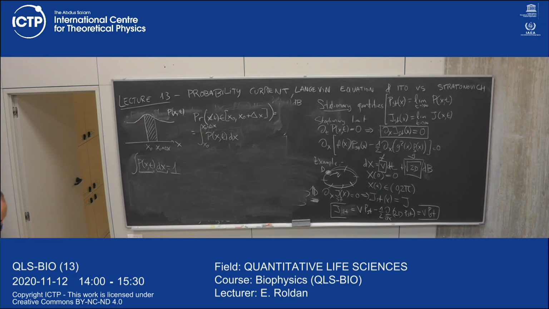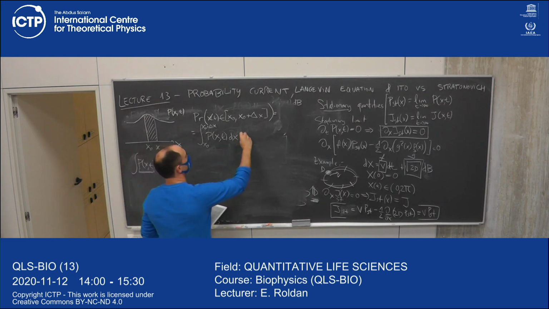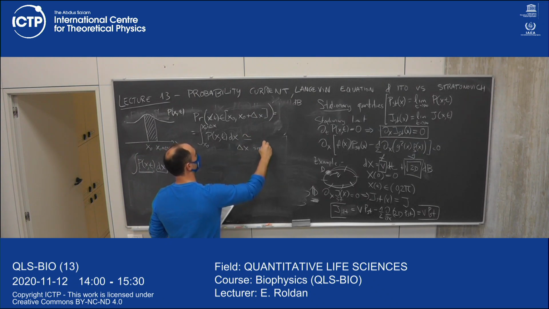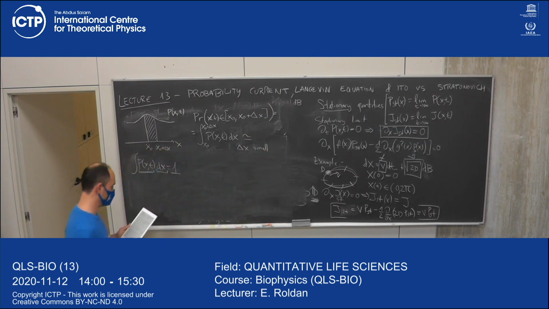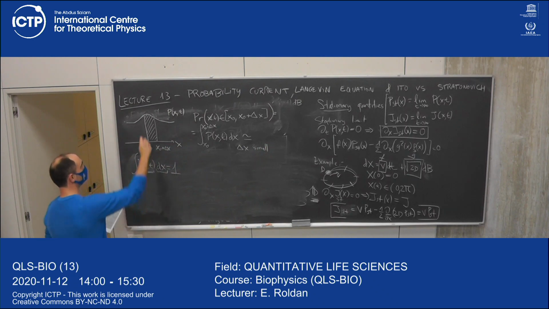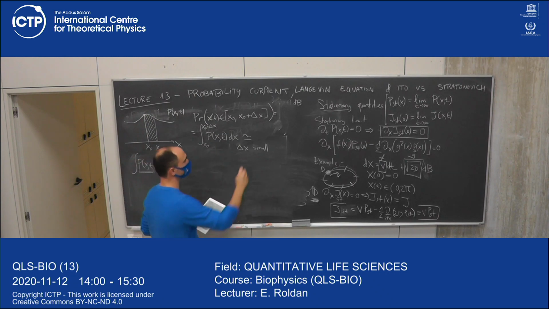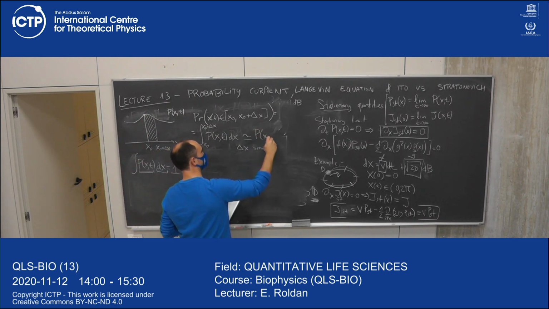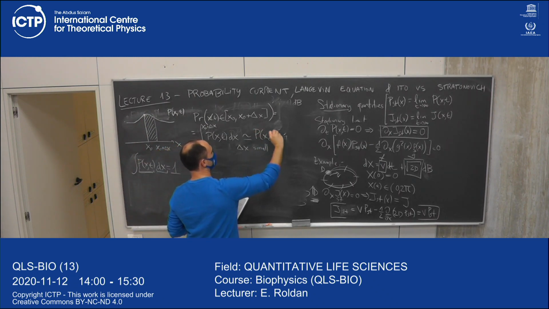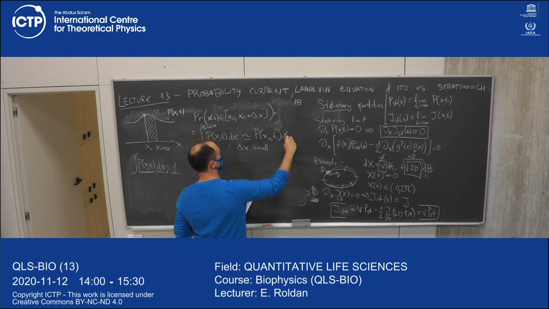But now I'll say that delta x is small. So when delta x is small, we can approximate this by the value at x0 and t times delta x.